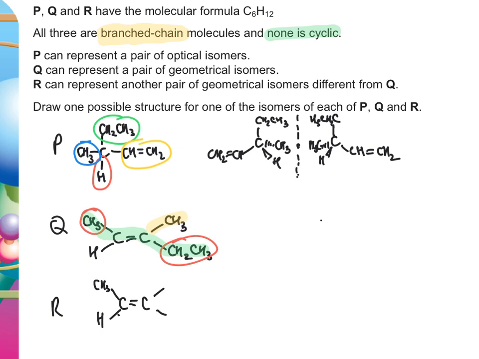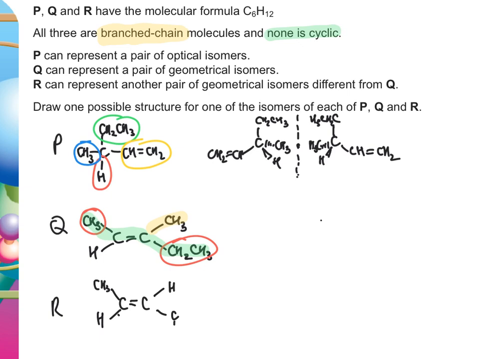but the moment I write a methyl group on the right-hand carbon, I'm just going to be drawing a version of Q again. So I have to think, is there any other way I can do branching? Well, there is, and I'm going to draw it not in the way you would, but to make it clear about the branching, I can have branching on the final group that I add to my molecule.